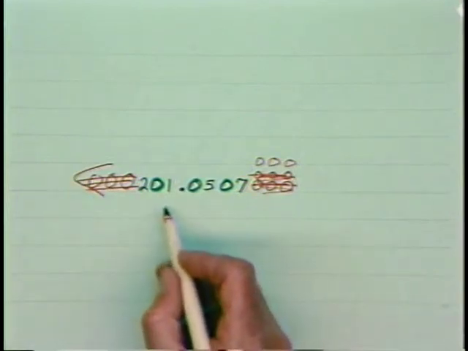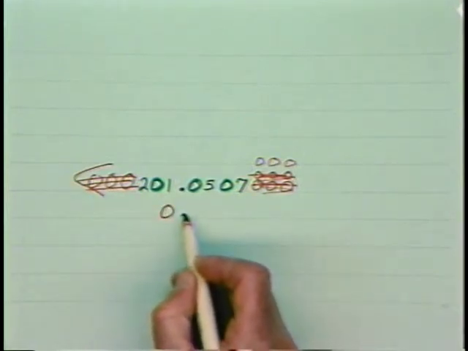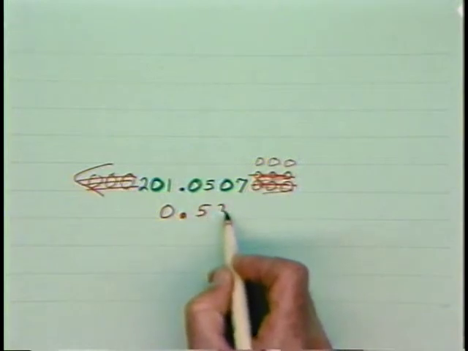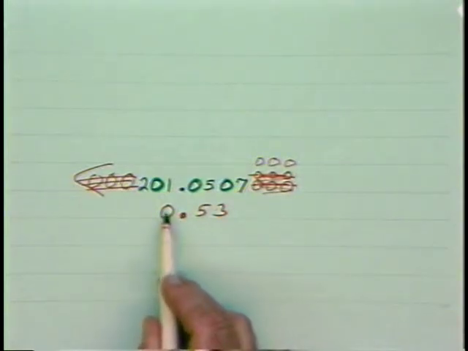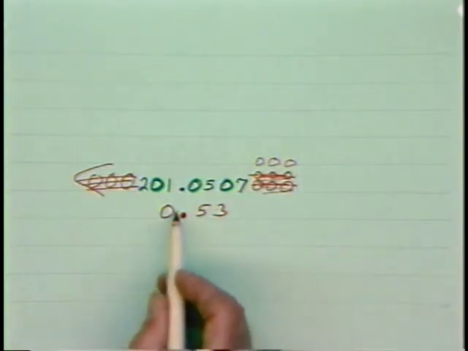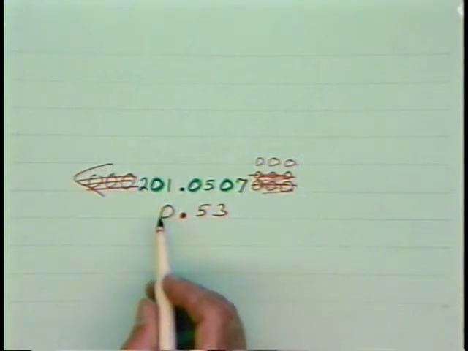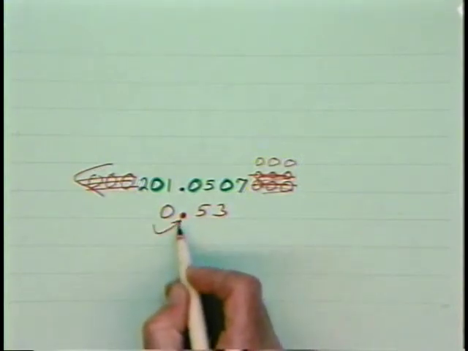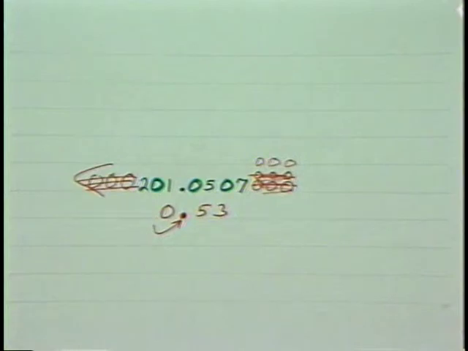And as we pointed out, there are times, however, when we traditionally will write a 0 in front of the decimal point, even though technically it's not necessary, just to emphasize and force us to really see the decimal point.